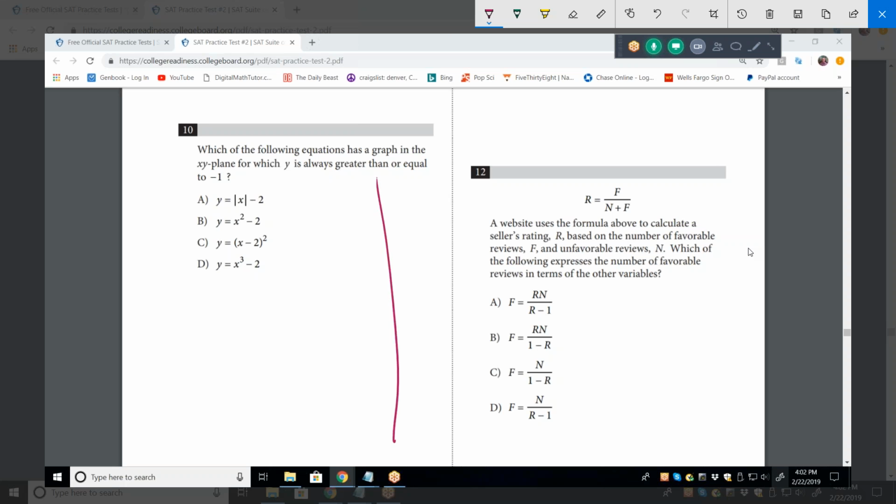Great. So if we look at the first one, we know y equals absolute value of x minus 2. It's going to look like that. And obviously, we have a value at minus 2 for y. So that's not it.